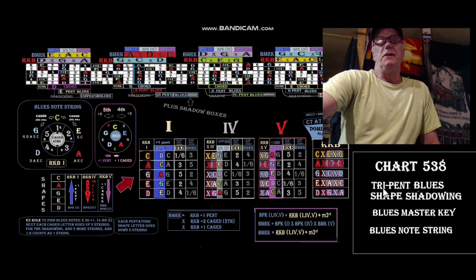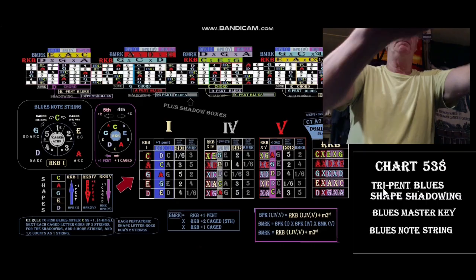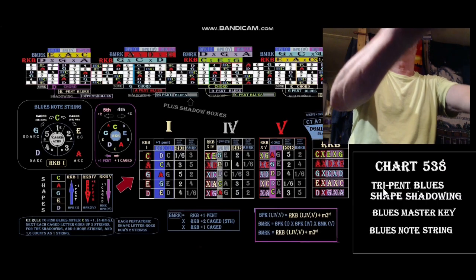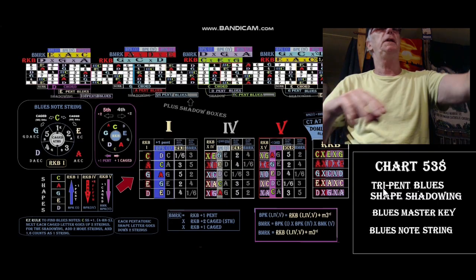So the fourth and the fifth Pent shapes, where I was keeping the blues note the same. That's what we were doing, but now we're going to be going.